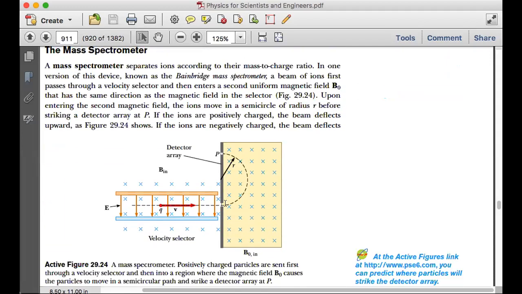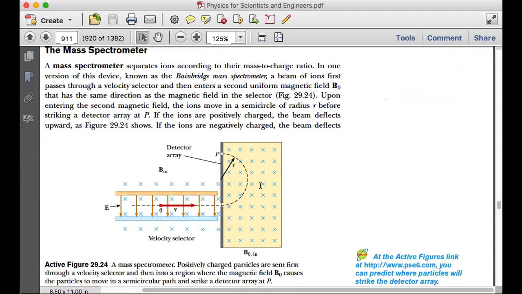And then after we calculate the velocity of this particle, the particle will go to this chamber, where we turn on this B0.